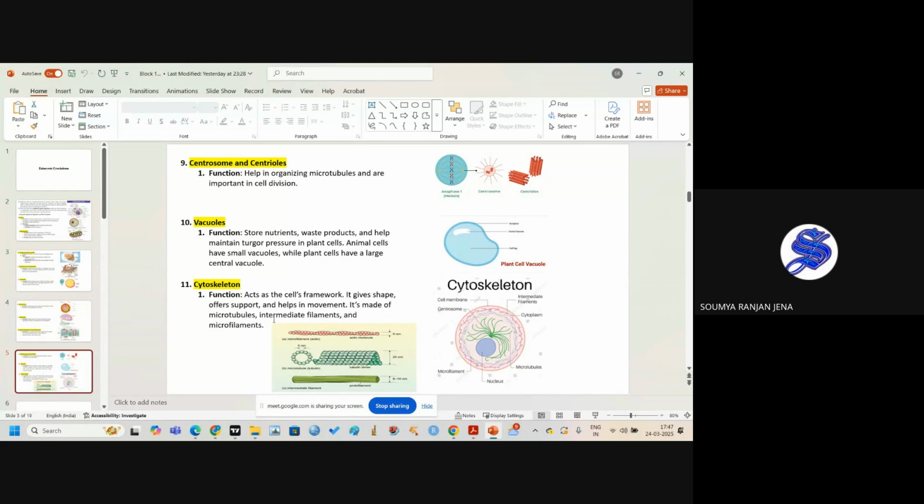It is made up of microtubules, intermediate filaments, and microfilaments. If you go to the structure of the cytoskeleton, these are intermediate filaments, these are called microtubules, and these are microfilaments, which give the shape, support, and movement of the cells. These are the basic skeleton of our cell.